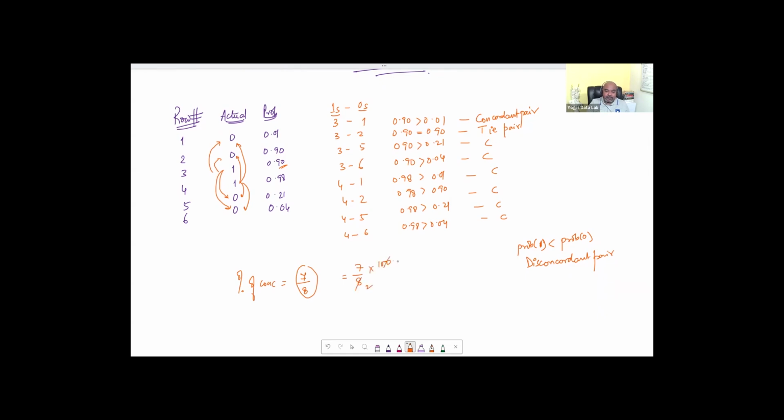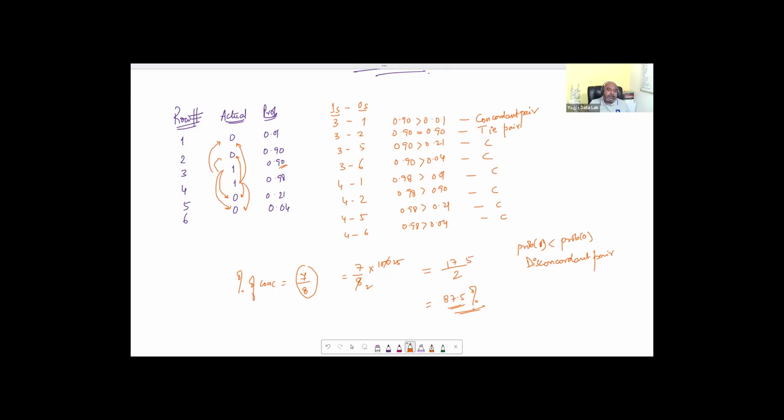Let's do the multiplication, and you get 87.5%. So whenever I'm getting 87.5% over here, it means that the model is good.